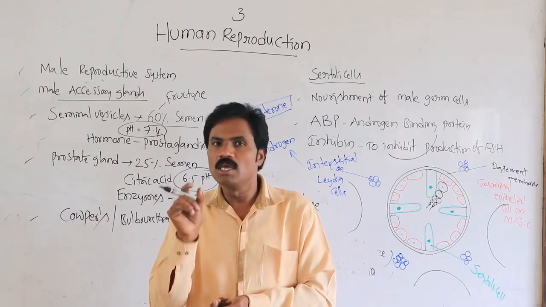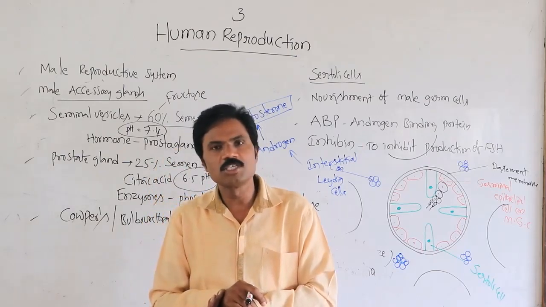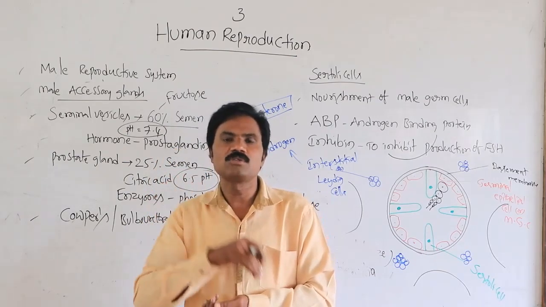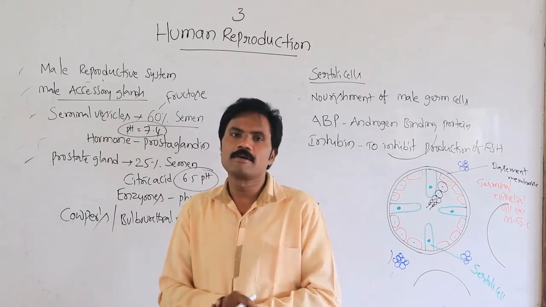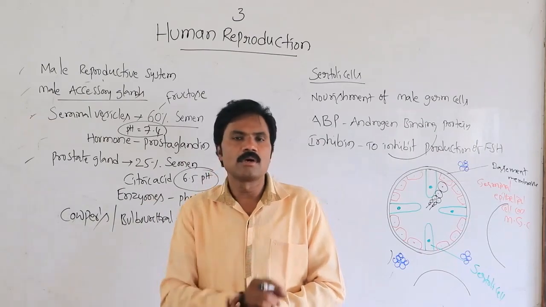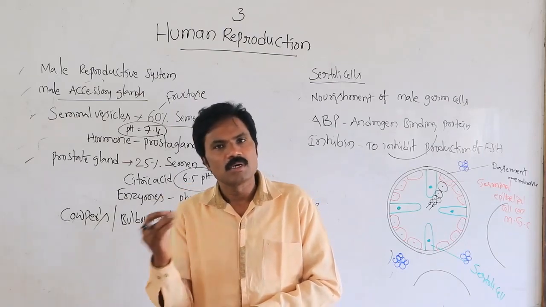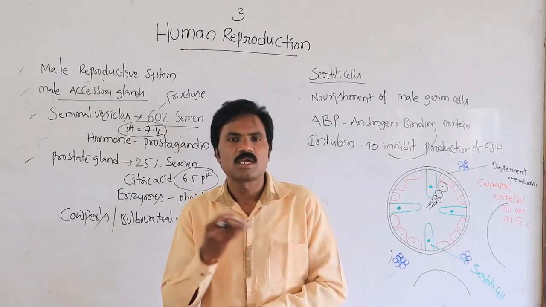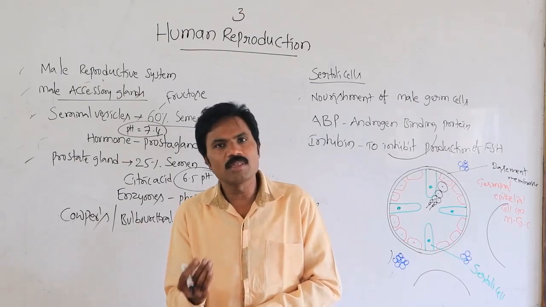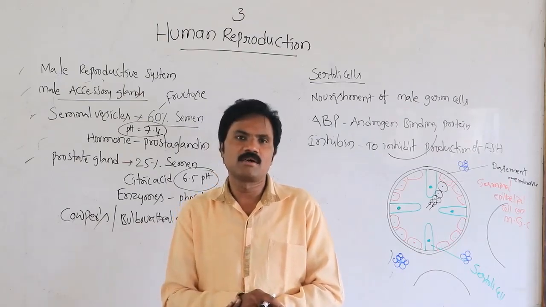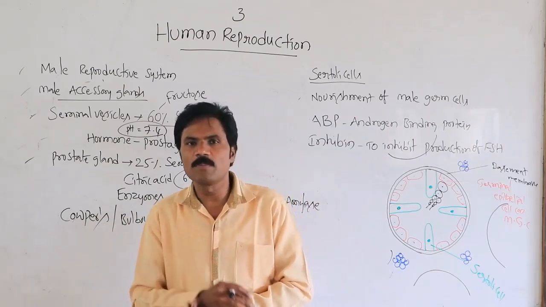So you remember the particular order: seminiferous tubule, then rete testis, then vasa efferentia, epididymis, vas deferens, ejaculatory duct, urethral meatus. Remember that sequence order, which is most important. Many times in exams they ask it.